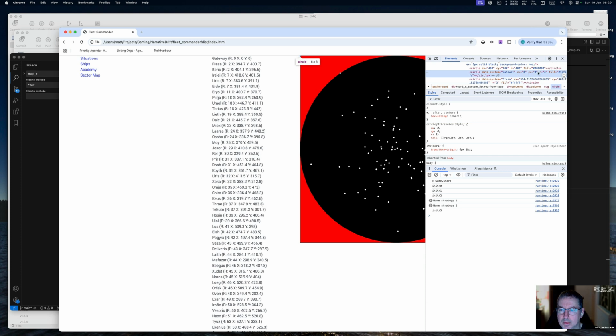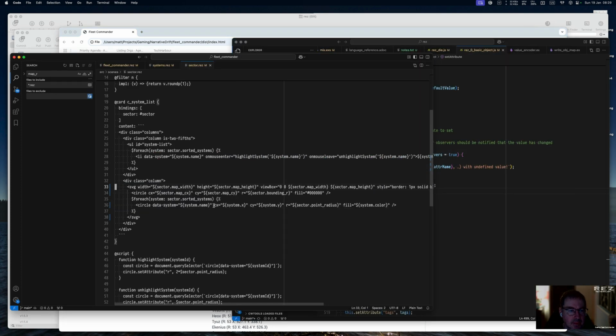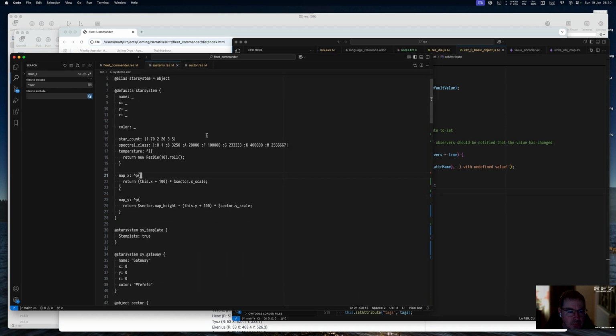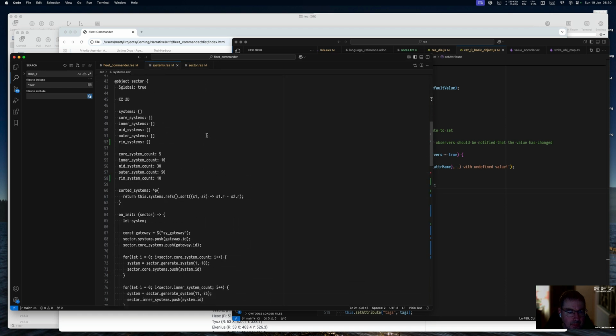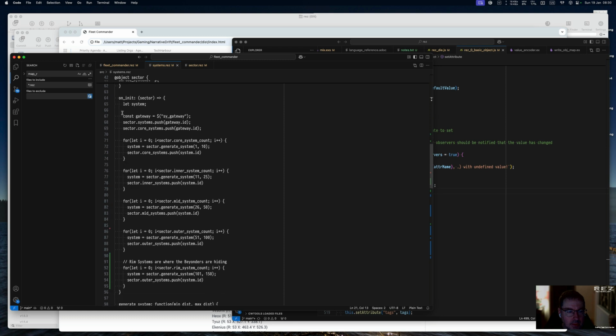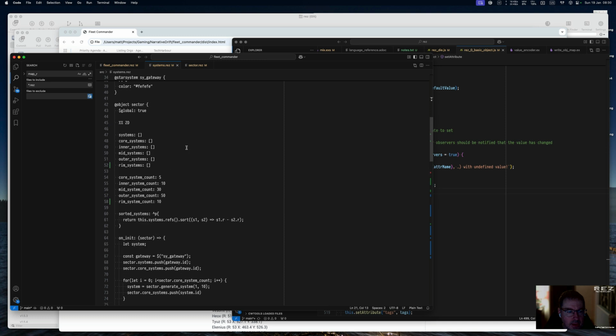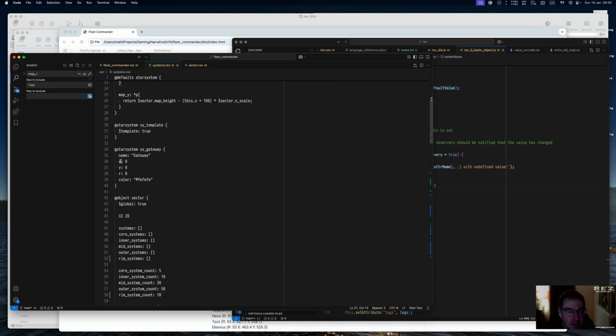This is gateway, which is at... yes, okay, right. Gateway is a special case because we've set X and Y here, but in fact that's not right.